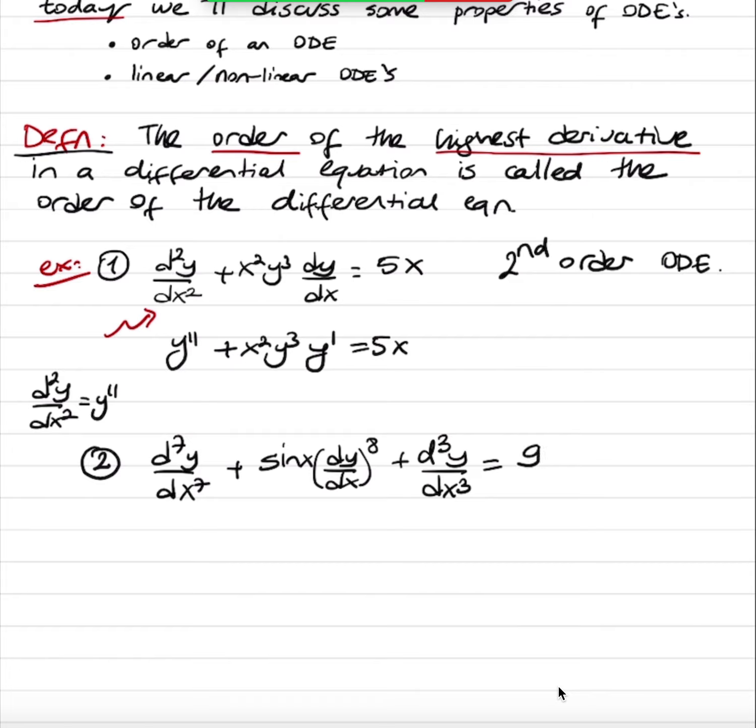So let's look at this differential equation. What do you think? Is it a 7th order or 8th order differential equation? So we look at the order of the highest derivative. What is the highest derivative? We have the 7th derivative here.